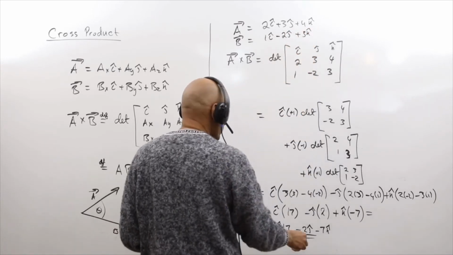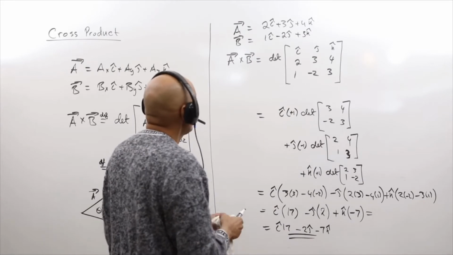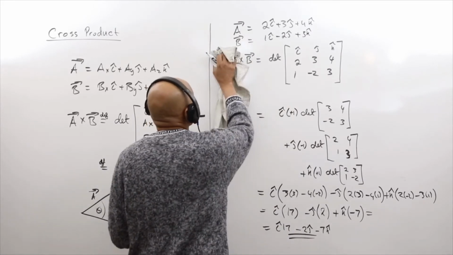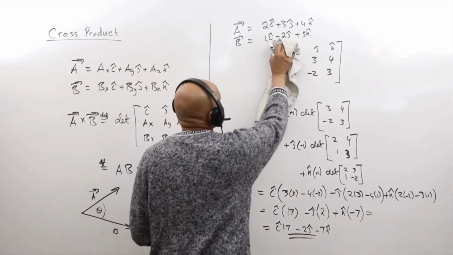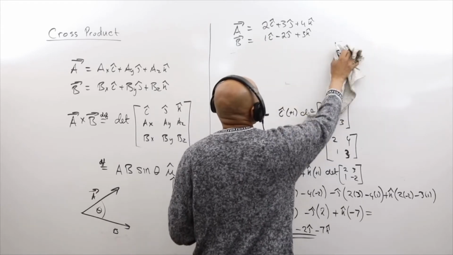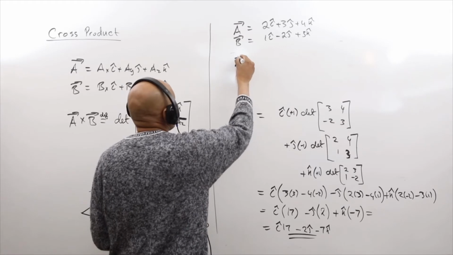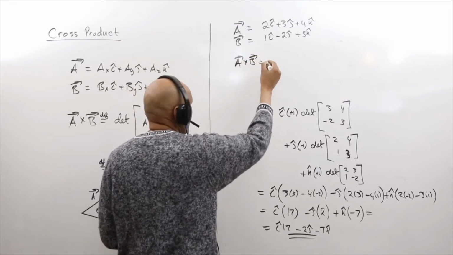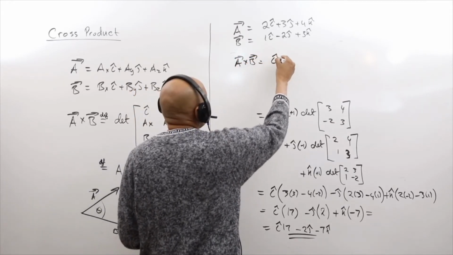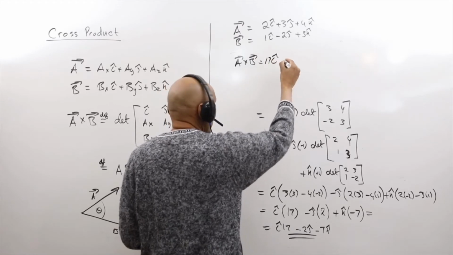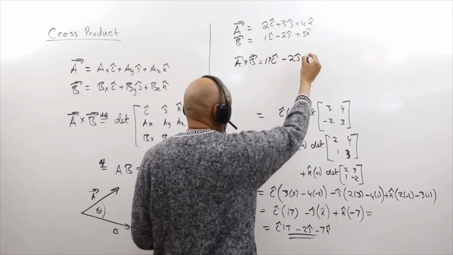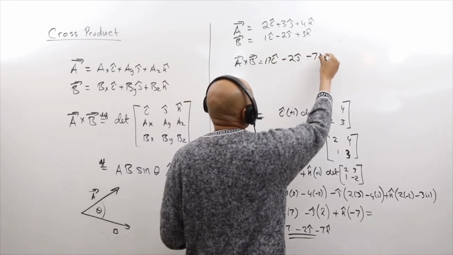And we've already calculated A cross B. Let me write down A cross B before we do this. A cross B is 17i minus 2j minus 7k.